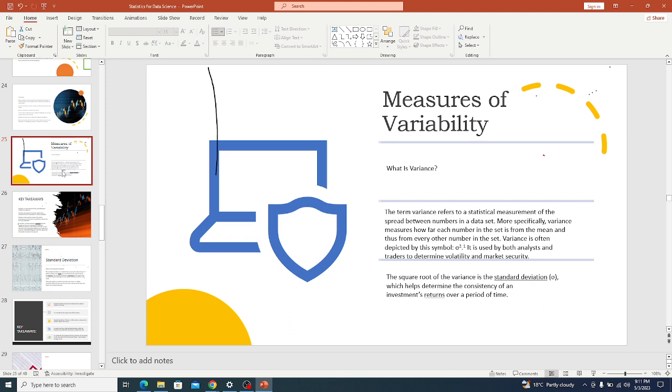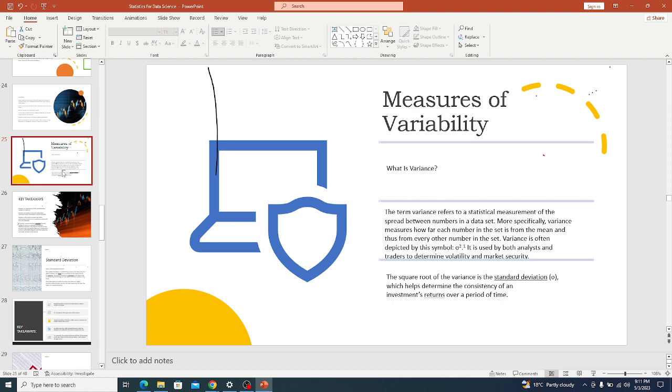Okay, so basically, we had said that these measures of central tendency give us a summary of our data set into one value. For example, if we compute a mean and get a mean of 40, then it means most of our data points are revolving around the mean.